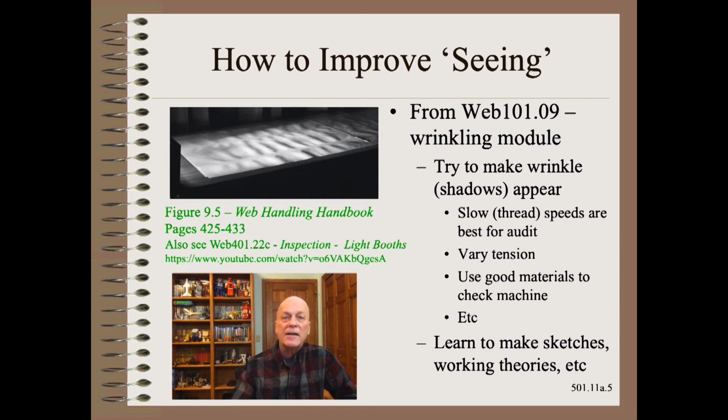Finally, I teach how to better see in the wrinkling module of my award-winning and trademarked Web 101 class that has been taken by 5,000 students just like you. Since seeing is described in such detail in those two resources, we need to do nothing further here, and we'll move on to word descriptions.